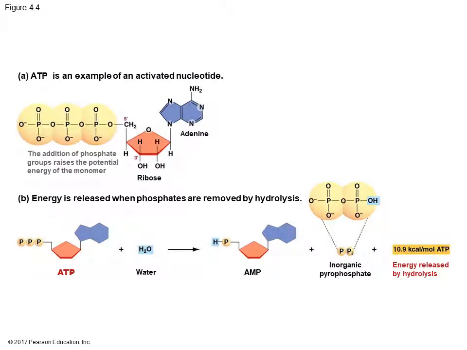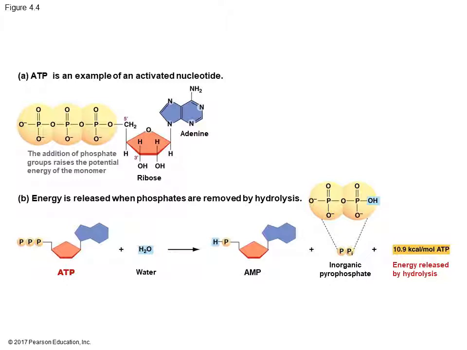In diagram 4.4, ATP is an example of an activated nucleotide. You see that triphosphate tail, and all of those oxygens with a negative charge. But you know that like charges repel each other, so those bonds holding the oxygen and phosphorus together must be mighty strong.